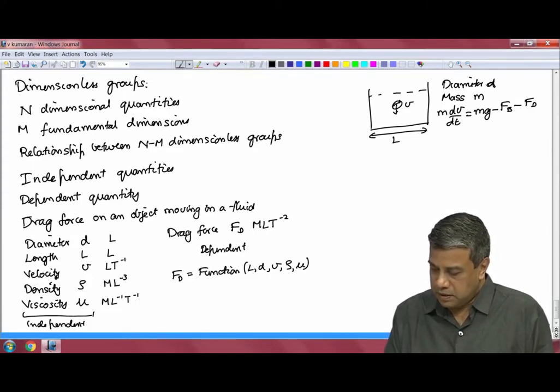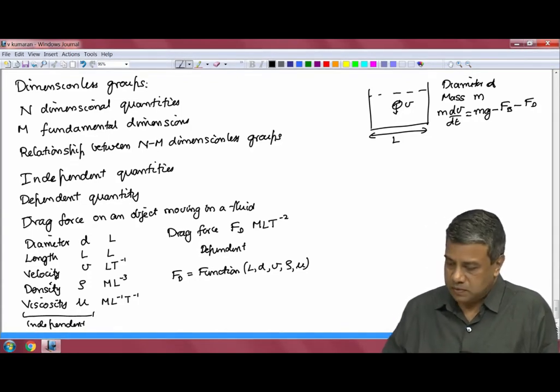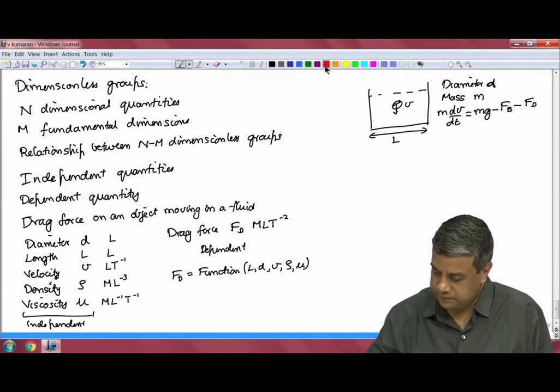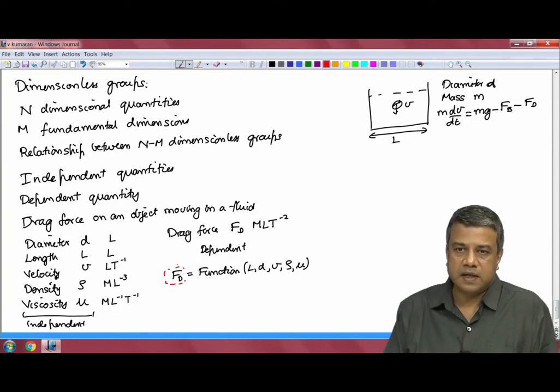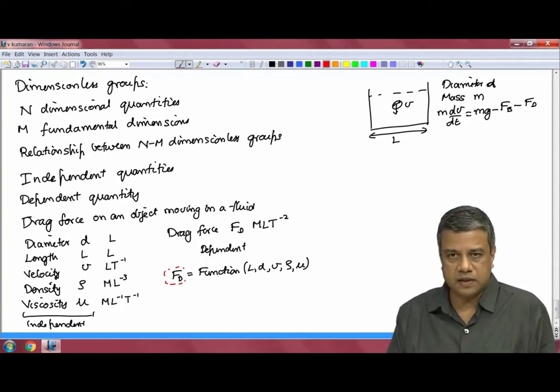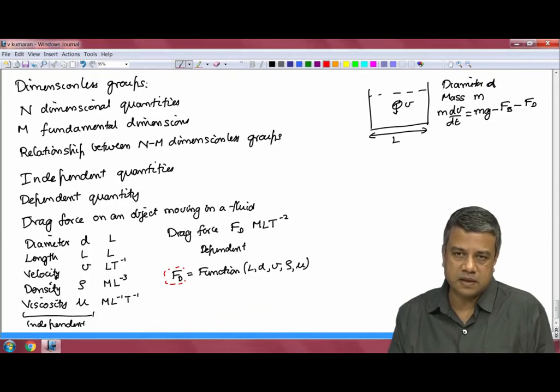How do we define the independent and the dependent dimensionless groups? The dependent dimensionless group that involves the drag force has to be the drag force divided by some combination of these quantities which has the same dimension as force.